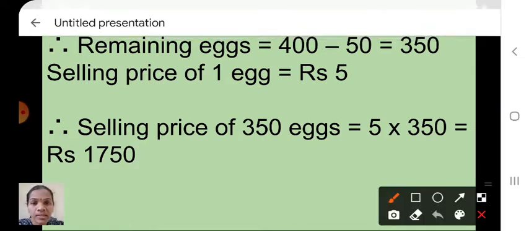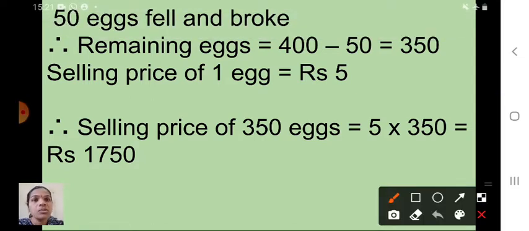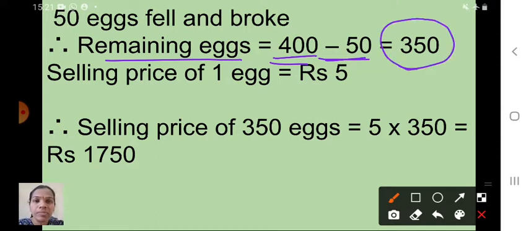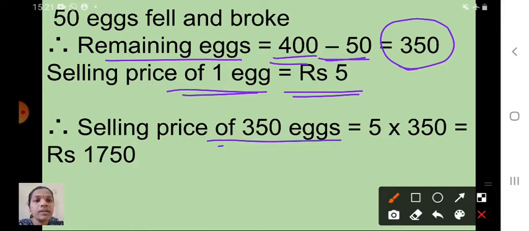So he lost 50 eggs. So remaining eggs we have to find. Total number of eggs is 400, so 400 minus 50 is 350 eggs remaining. Selling price of one egg is rupees 5.